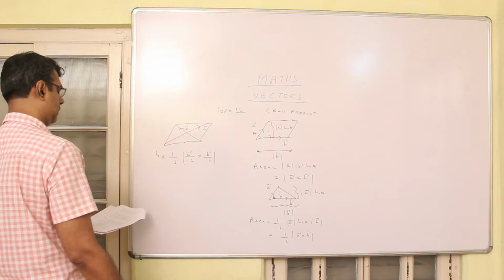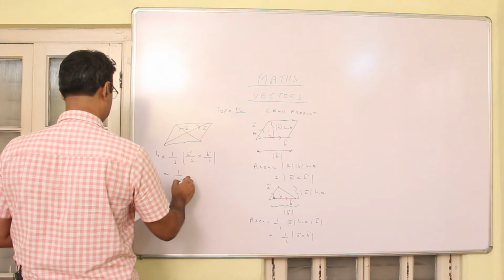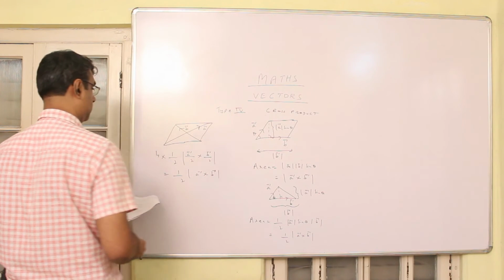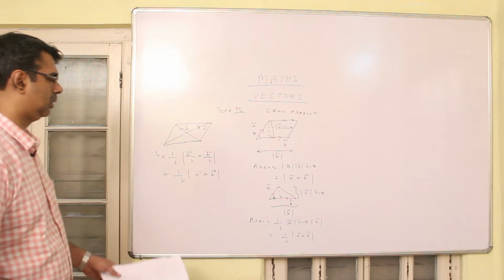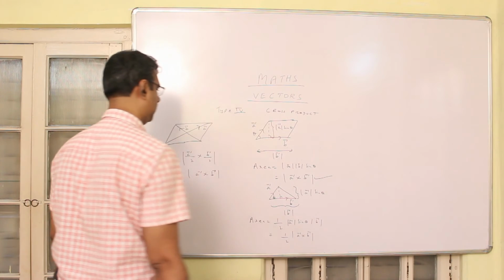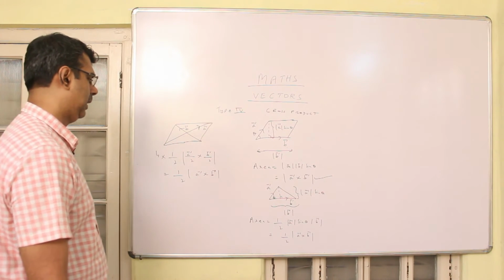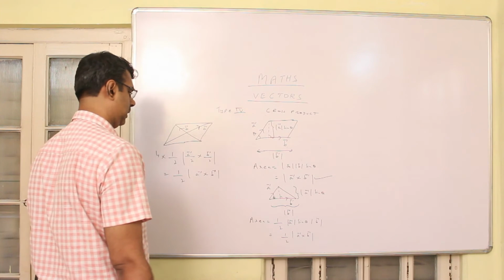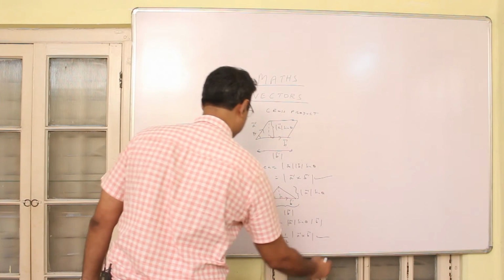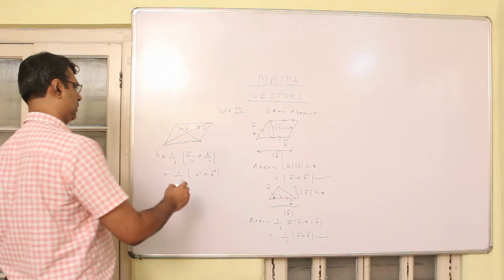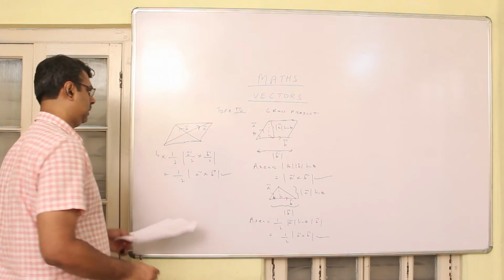So the final answer will be half modulus A cross B. So these are three very important results. Area of a parallelogram with adjoining sides vector A and vector B is this. Area of a triangle with one pair of sides vector A and vector B is this, and area of a parallelogram whose diagonals are vector A and vector B is this.